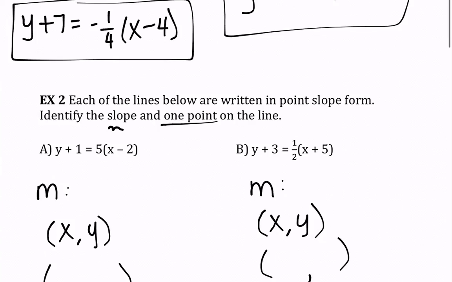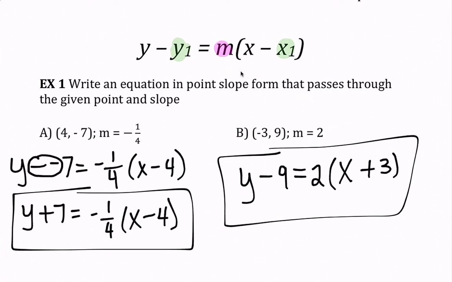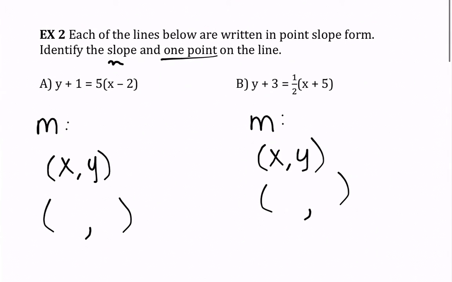If we look up at our formula, we know the slope is m. It comes after the equal sign and in front of the parentheses. So right here is where I'm looking for slope. On problem A, I know my slope is 5. And on problem B, my slope would be 1/2.